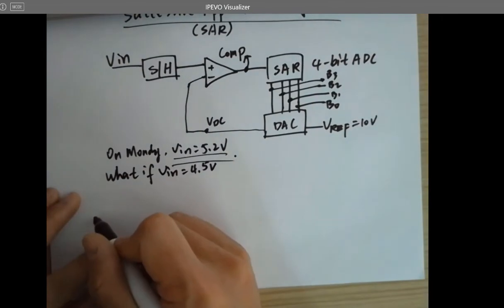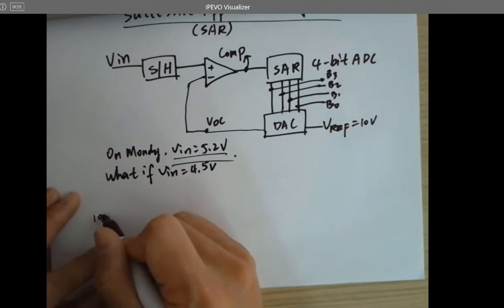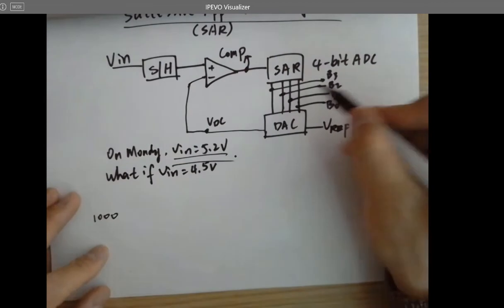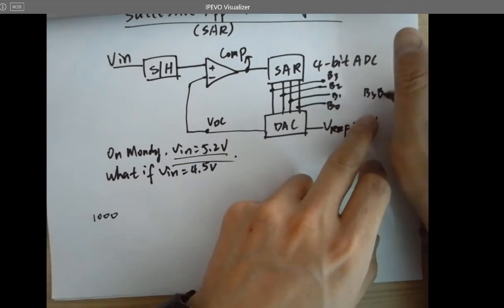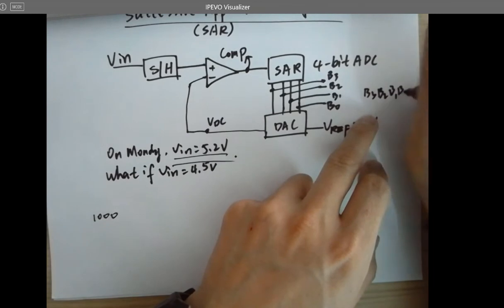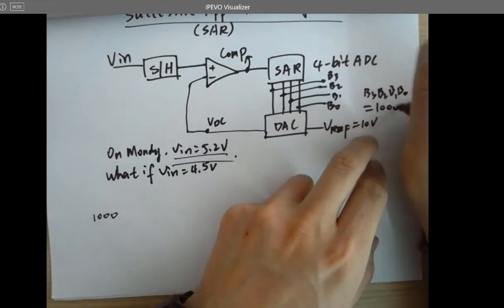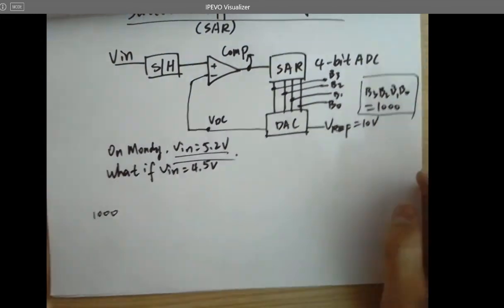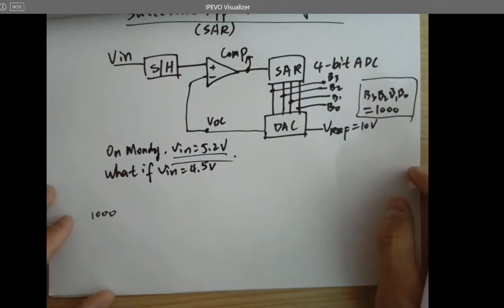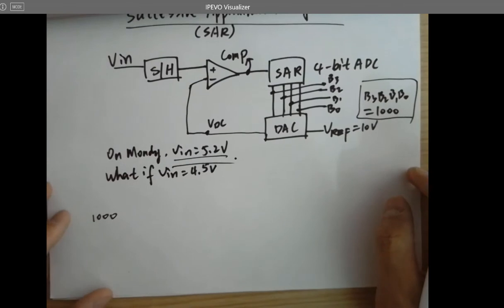Again, the initial state for these 4 bits, B3, B2, B1, B0, equals 1000. That's always the initial value of the output of the SAR.